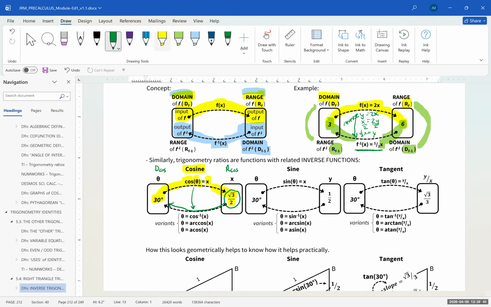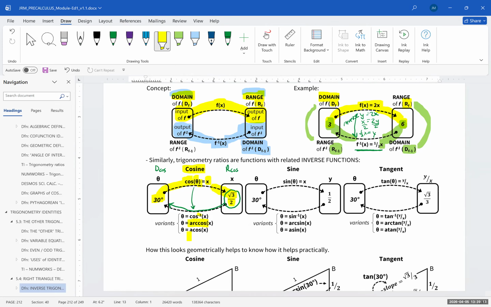The more traditional way, that maybe is more consistent with what you saw in chapter 1, is we have cosine with the -1 next to the word cos or cosine. But other textbooks, other sources, they don't use that -1, possibly because of the confusion with reciprocal. And so they use arc cosine instead.